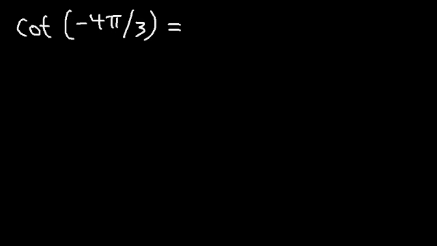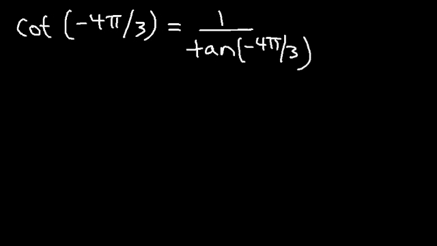What about this one? Cotangent negative 4 pi over 3. Cotangent is 1 divided by tangent. So we need to figure out what tangent negative 4 pi over 3 is.